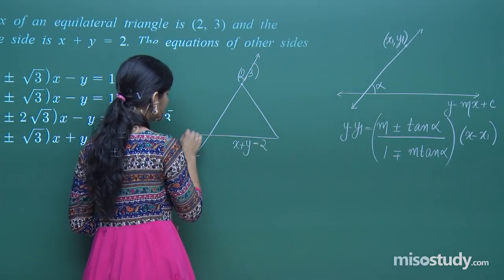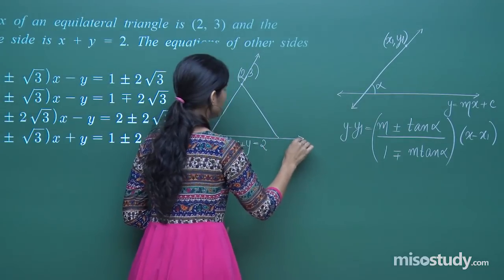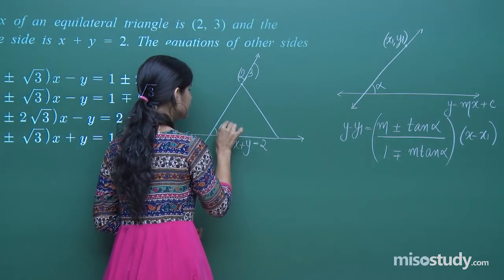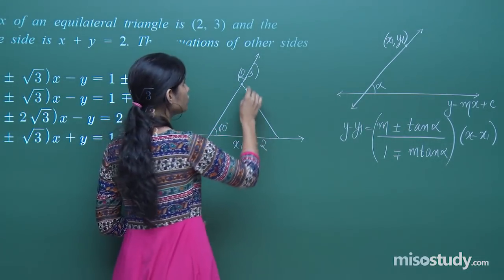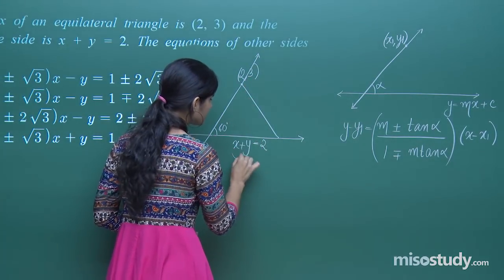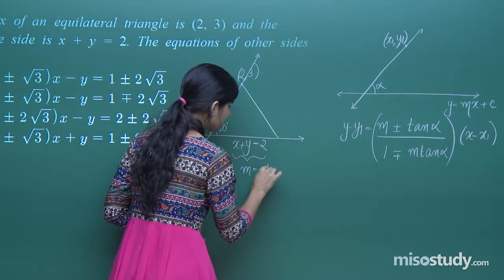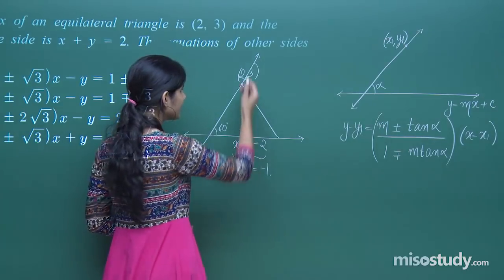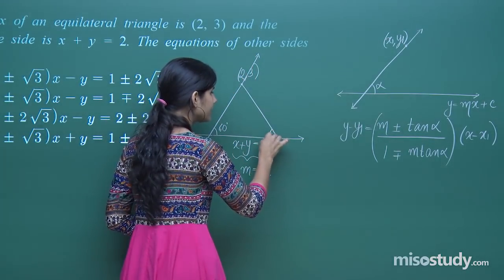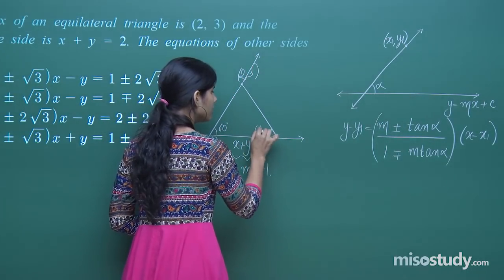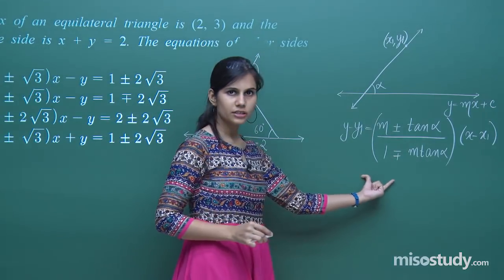Now if I talk about this side, you can very easily see this is 60, so alpha is known to me, (x1, y1) is known to me. What is the slope? Minus 1. I can get the equation of this line. Similarly, I can get the equation of this line as well, both by the same equation.